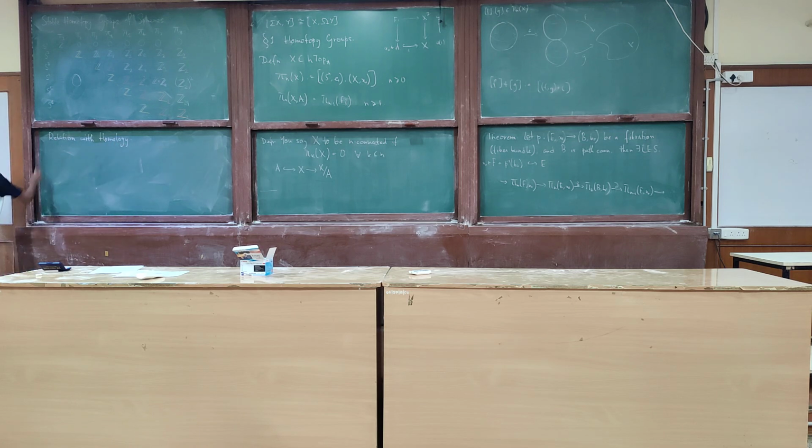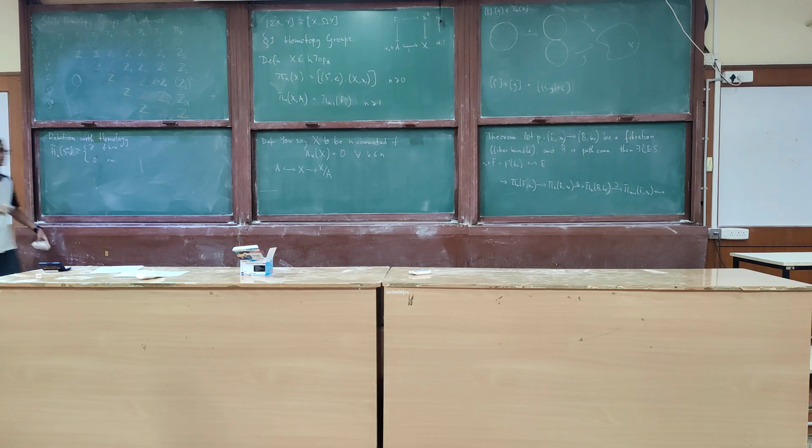This is something I think you have to take for granted. If you have the reduced homology theory, be it singular, simplicial, whatever you like, the homology groups of S^n are simply Z in degree n and 0 otherwise.